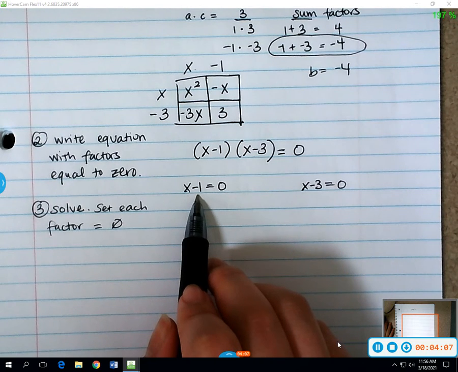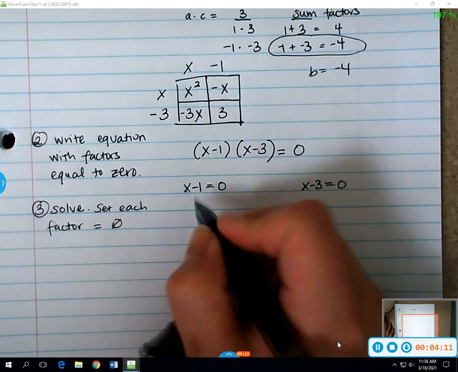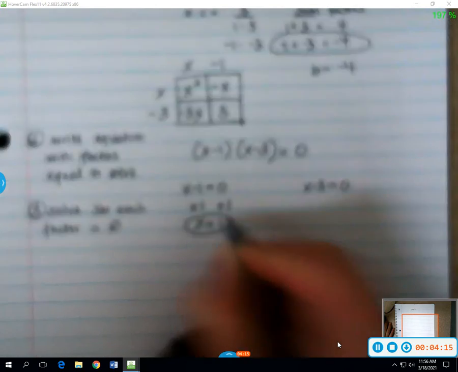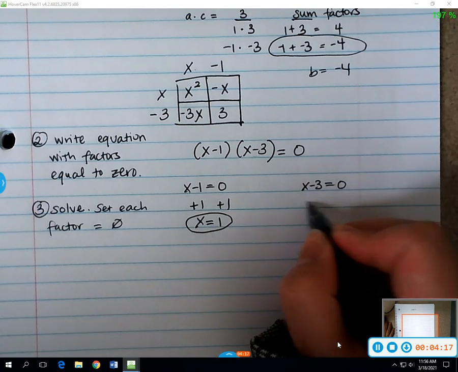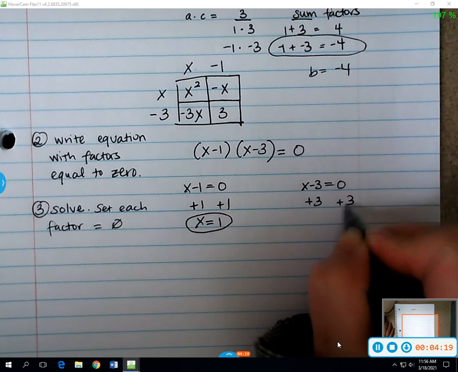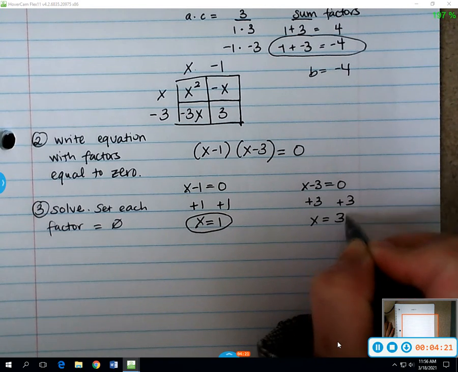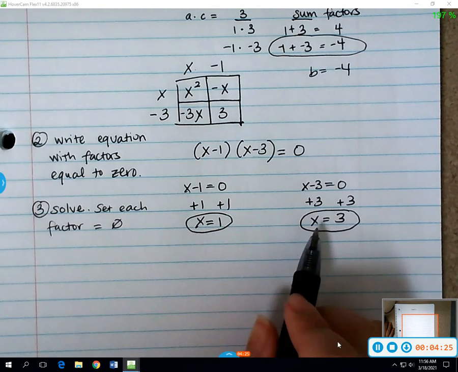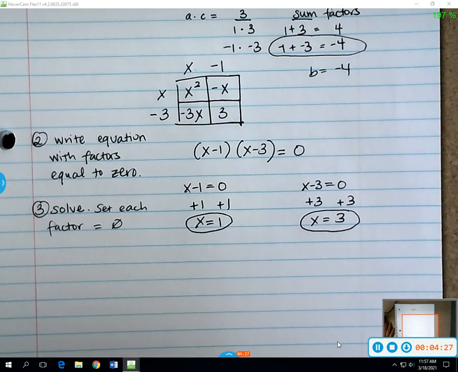So remember, do the opposite operation. So if this is -1, we're going to add 1 to both sides so that we can solve for x. And same thing over here. If this is -3, then we're going to add 3 to both sides to solve for x. So x is going to be equal to 1, and x is equal to +3.